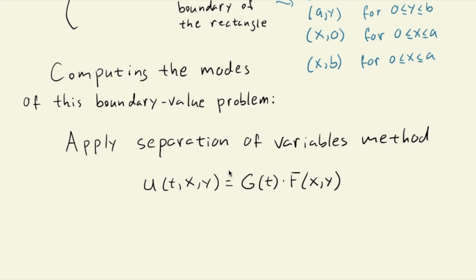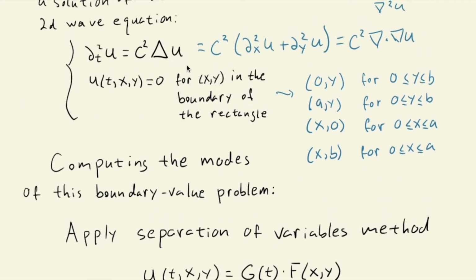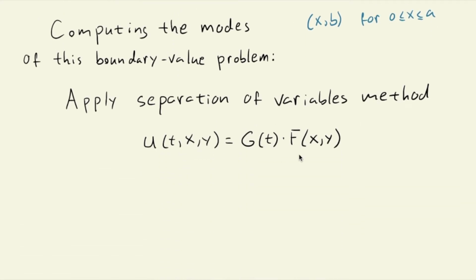And we proceed just like we usually do. If u has this expression, you can plug it into the wave equation and see what equation we get. So on the left side, we have the second derivative in time of u. When you take a second derivative in time of this function, it only takes derivatives of g, right?